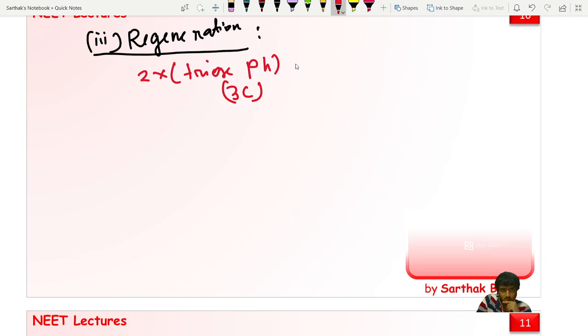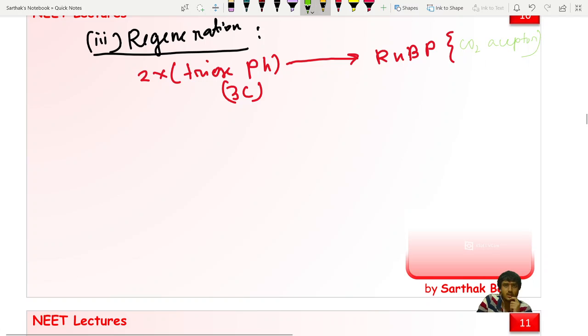The 2 triose phosphate is converted into RUBP, which is the CO2 acceptor, and RUBP is a 5 carbon compound.